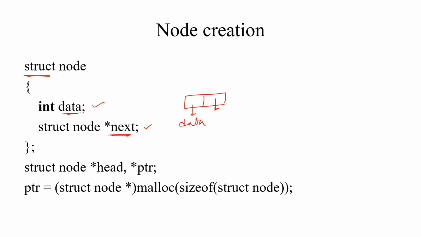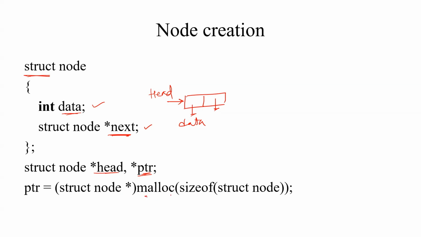Here, we are defining 2 more pointers, that is head and PTR. One pointer, head, will point to the first node of the linked list, and PTR we will use for allocating the memory. So here you can see PTR is equal to struct node pointer malloc sizeof struct node.